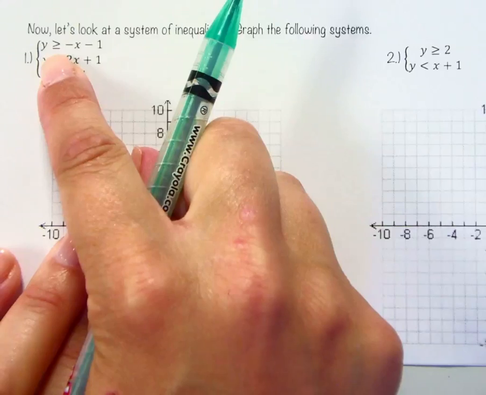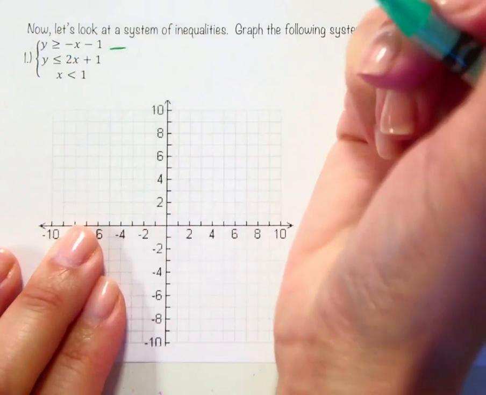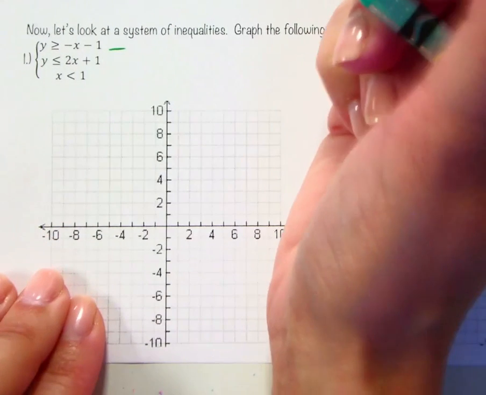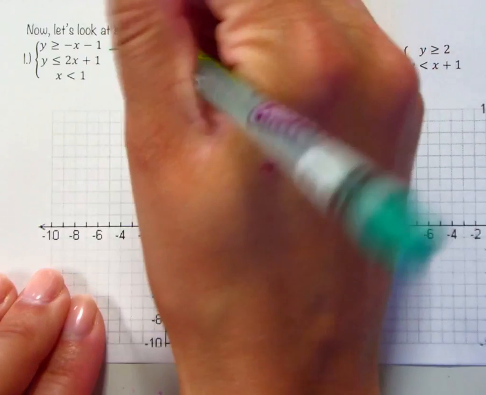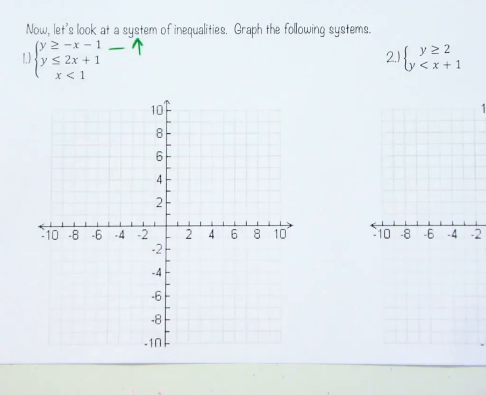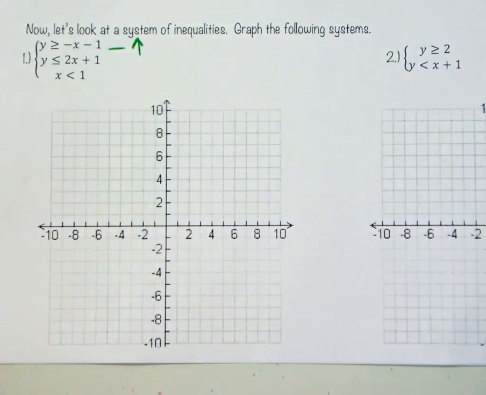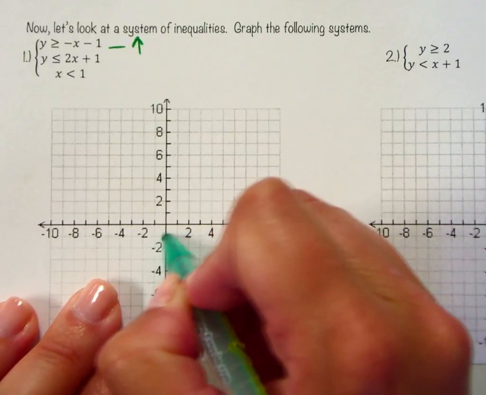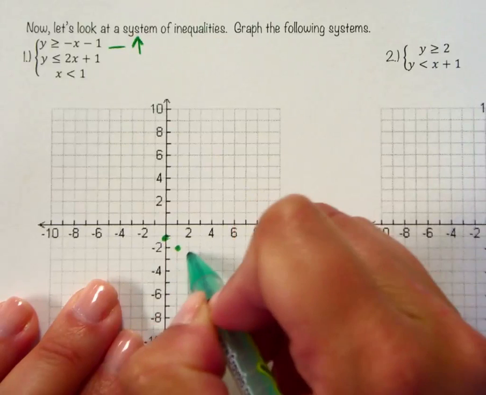You tell me. Solid. So let's make a note of that. Am I going to shade above or below? Above. Okay, so think through that every time. Now we can go ahead and graph this. Starting at -1, slope of -1.